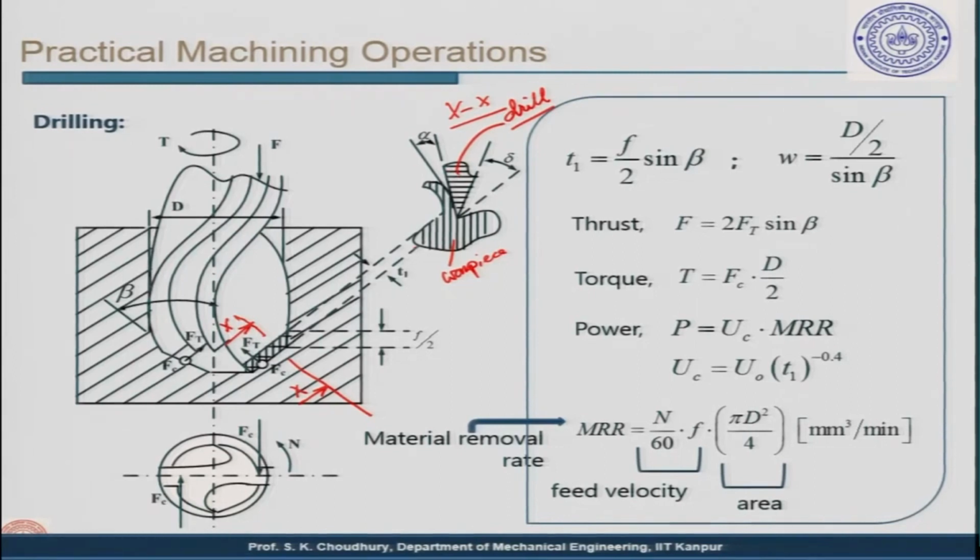It is the same as in case of turning, and this is the rake face, because the chip will always flow along the rake face of the tool, and this is the flank face, which will be in contact or rubbing against the already machined surface. So, all these concepts will be the same as in case of turning.